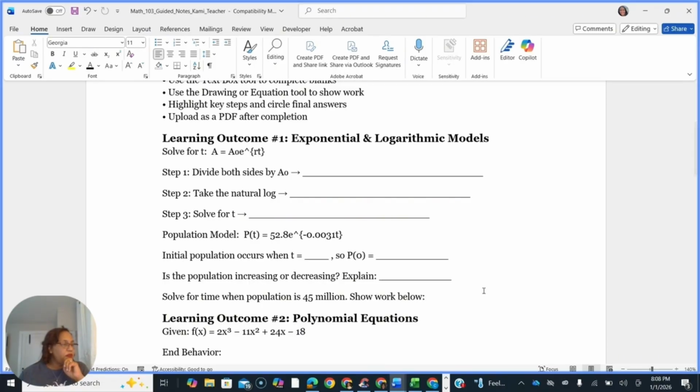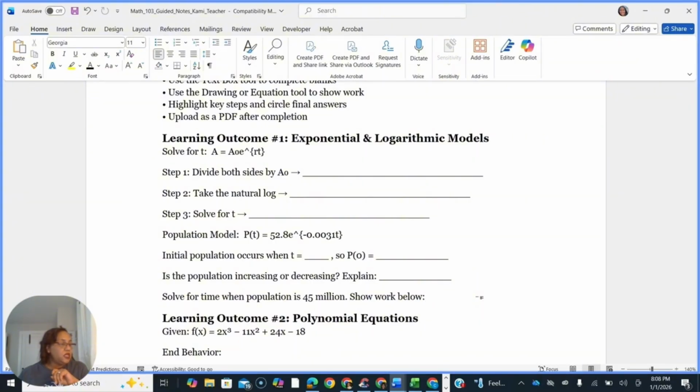So you have 45 divided by 52.8, which is approximately equal to 0.8523. And the ln of 0.8523 is approximately equal to negative 0.1598.